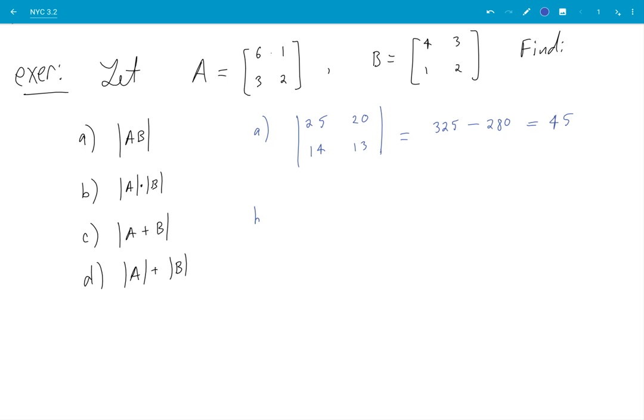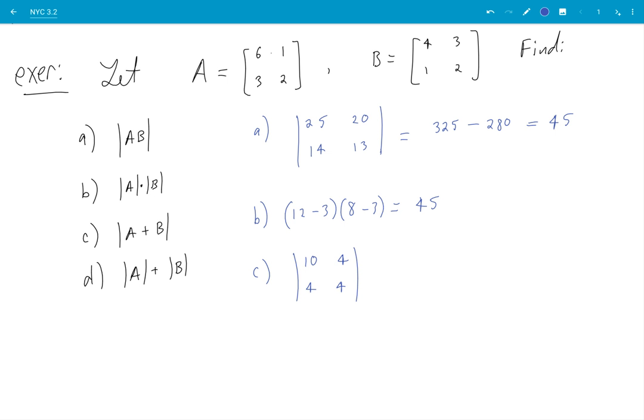Well, let's do part B before we start jumping to conclusions about my math skills. 12 minus 3 and 8 minus 3, which is 9 times 5 is 45. Good. That is a good sign. C, A plus B. 10, 4, 4, 4.